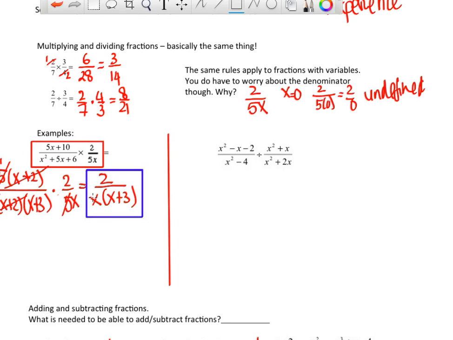So these two are the same, except for, let's see, what can I not use here? So if I'm looking at the bottom here, this one we can't have x be 0, and here x plus 3 couldn't be 0, so we can't have x be a negative 3. Well, that one is here as well, and that one's here as well.